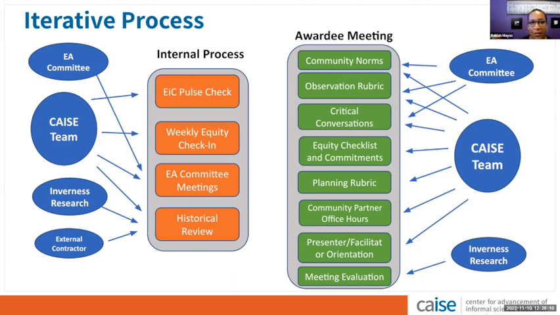What we wanted to show here was all of the different processes, as Cecilia outlined. The internal processes in orange were things like our weekly equity check-in, which we'll talk about in a moment, meetings of the committee, the historical review, and the pulse check, which came with the Equity in the Center framework. And then in green are quite a few of the steps that came through the planning and implementation of the awardee meeting.